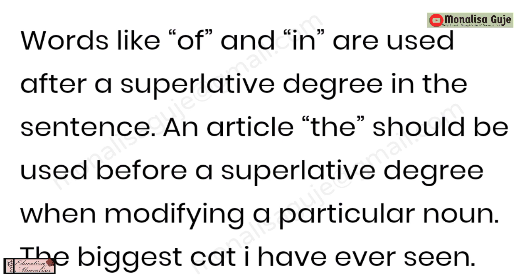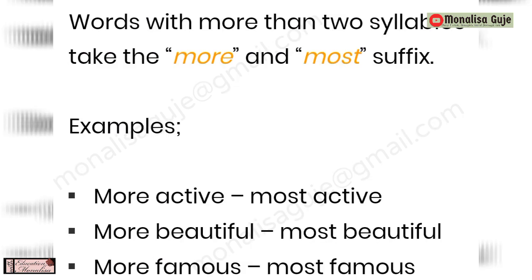An article the should be used before the superlative degree when modifying a particular noun. The words with more than 2 syllables take the more and most suffix. Examples: more active, more beautiful, most beautiful, more famous, most famous. So once you copy these, now we'll go to the exercises of this topic.